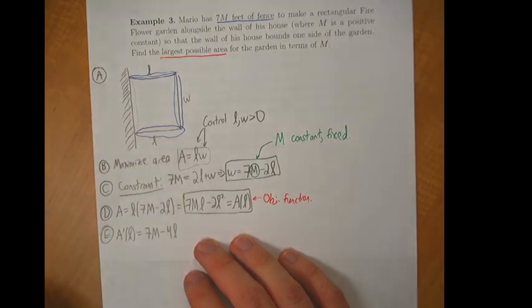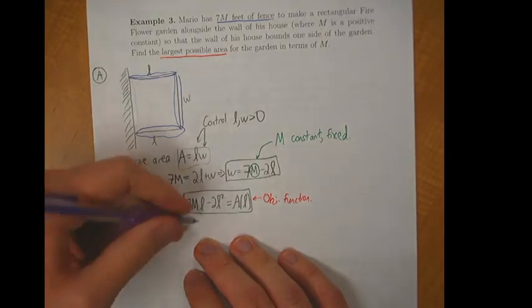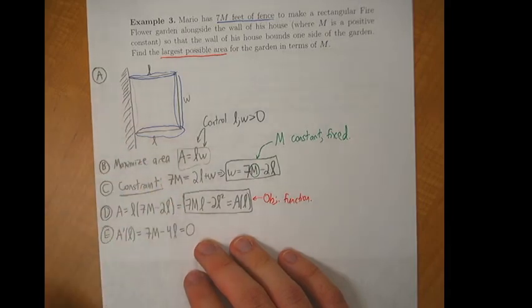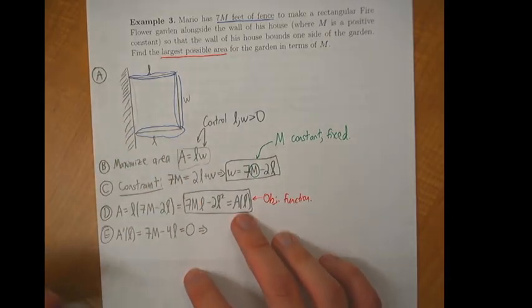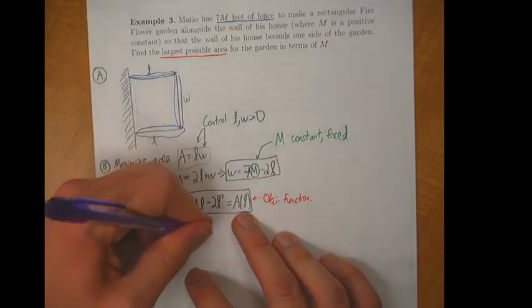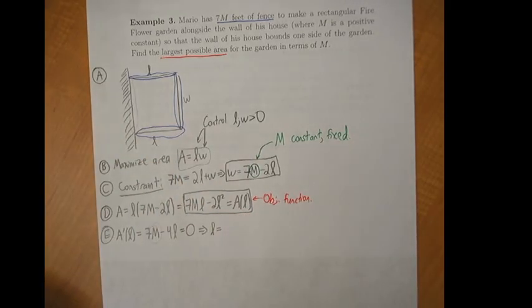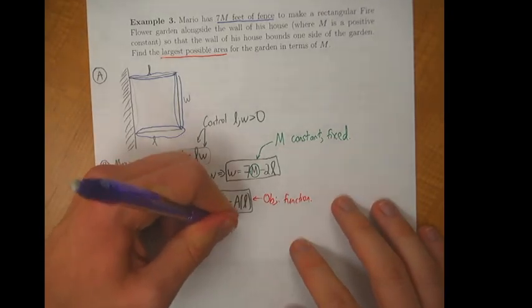So, okay, now that we have our derivative, let's go ahead and set it equal to 0. Since L is the thing that's the actual variable here that we can control, and M is the constant, fixed value, we have to make sure to solve for L here. So if we do that, L is equal to what? 7m over 4. Yep, 7m over 4.